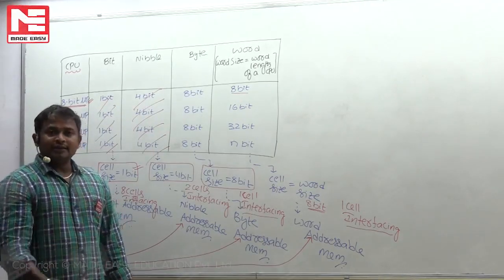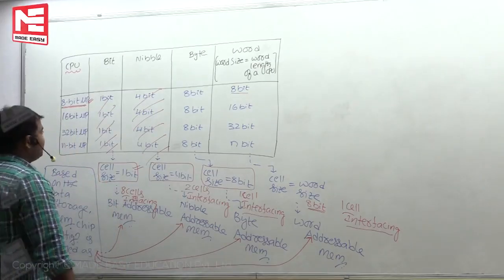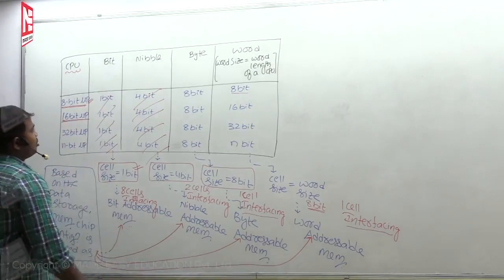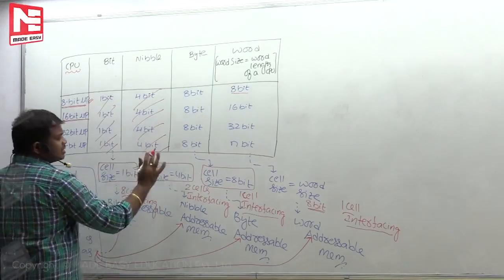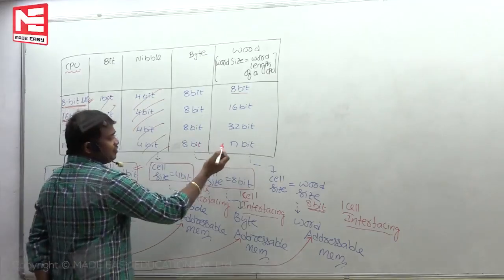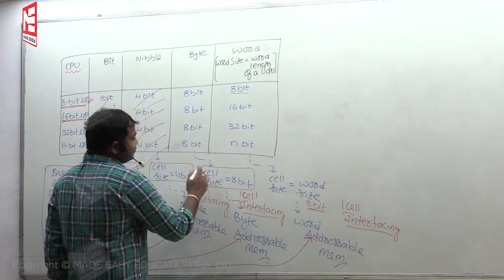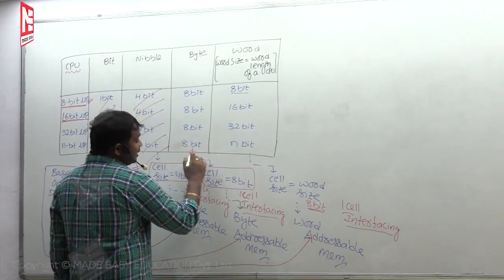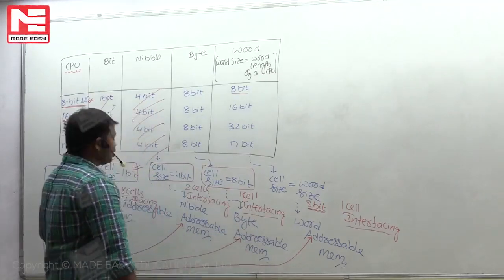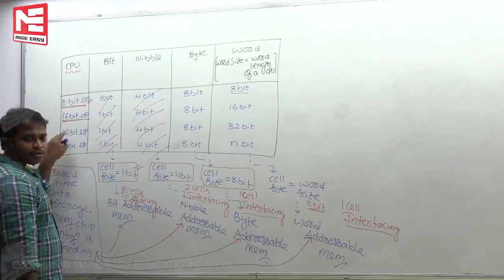But when we look at the 16-bit microprocessor, a difference is identified. 16-bit microprocessor. So bit addressable memory and nibble addressable memory are not in use. Then we go to byte address and word address. In the byte addressable memory, every cell contains 8 bits. Microprocessor is a 16-bit microprocessor.